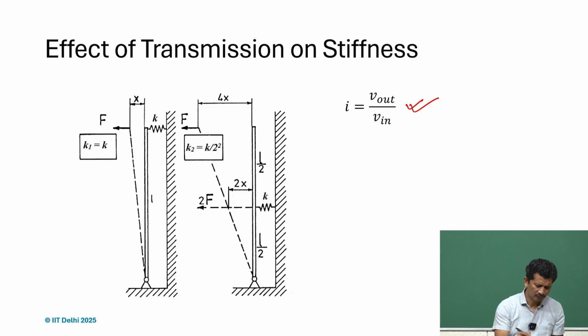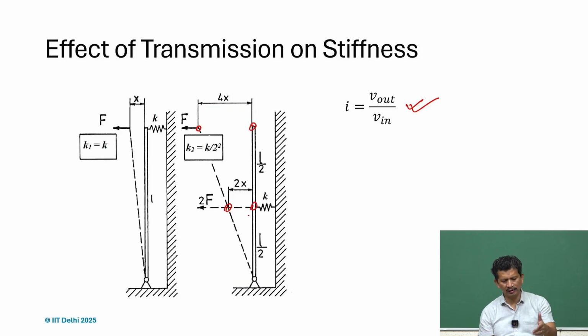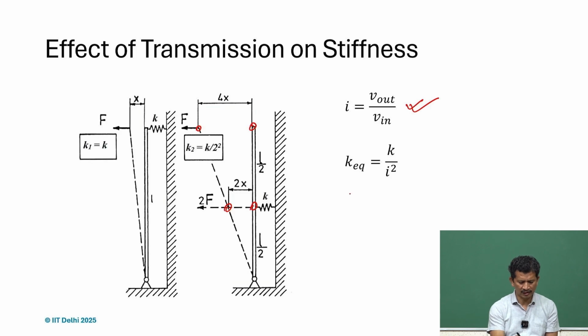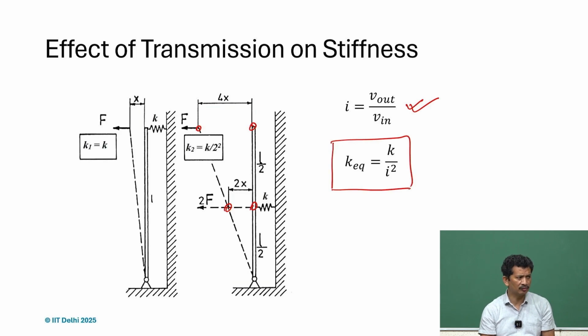So, here the ratio will definitely be 2 in this case, and if we generalize, we can always write that if I is the transmission ratio, the equivalent stiffness will be K over I squared.